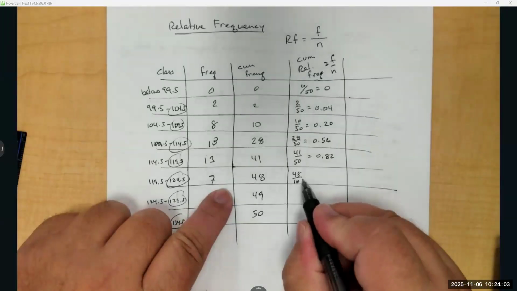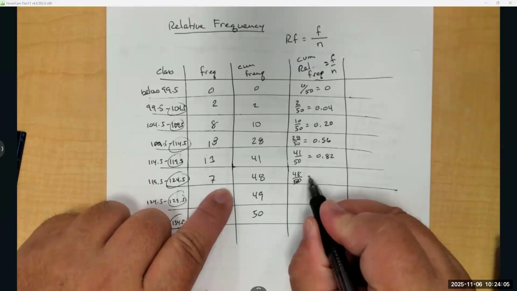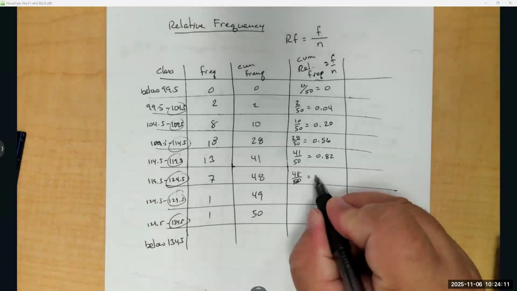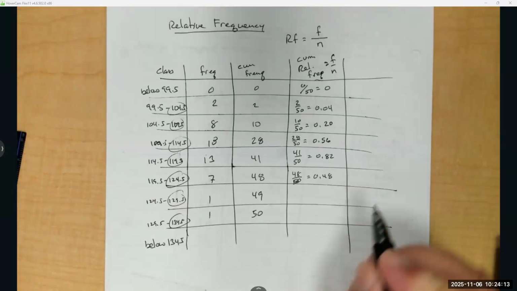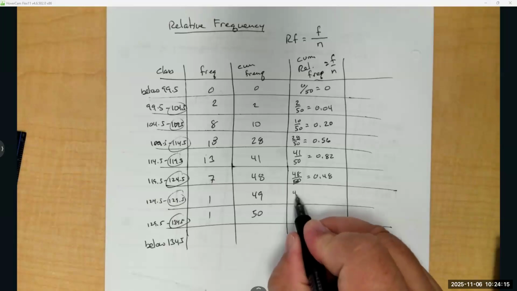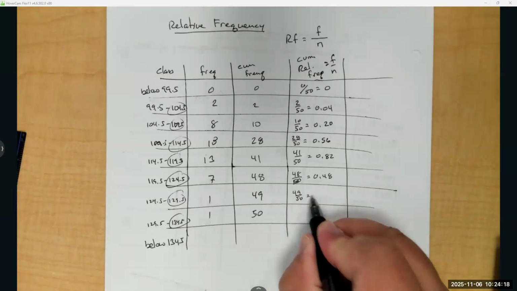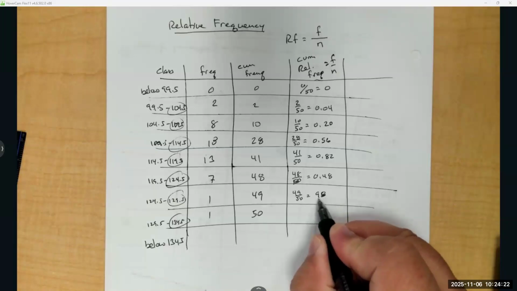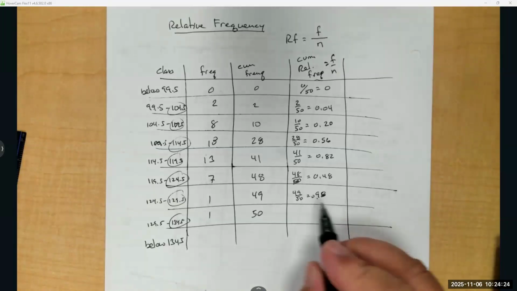We can also do the relative frequencies of the cumulative frequencies. So this is 0.48, 49 over 50, 0.98.